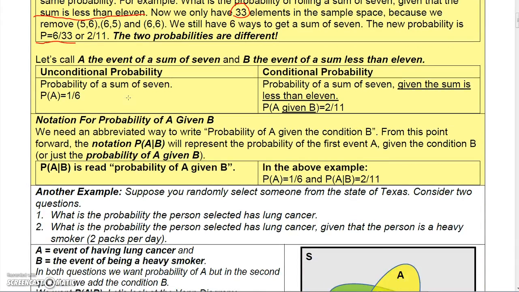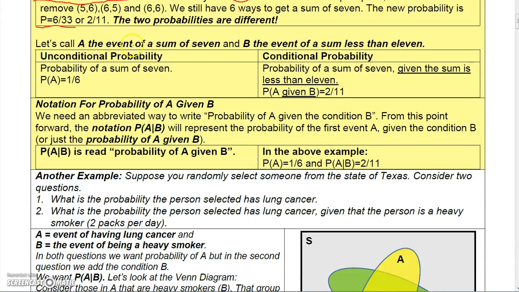They're different. Let's say A is the event of a sum of 7 and B is the event of a sum less than 11. Well, we know the probability of a sum of 7 is 1/6. But what about the conditional probability? What about the probability that we get a sum of 7 given that the sum is less than 11? Well, that probability is actually conditional, and the way we read it is the probability of A given B is 2/11.